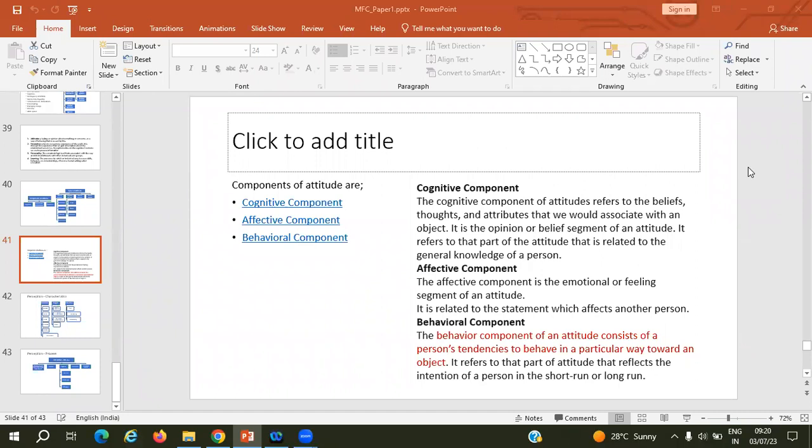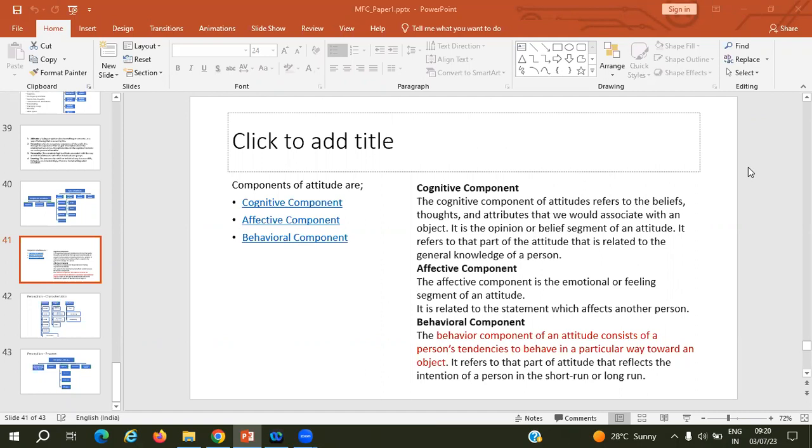Your friend is not able to manage his life, manage his family, and you are helping. Your behavior is helping. That means you are a good manager. So that kind of behavior is coming from the person. That is called behavioral component of attitude.